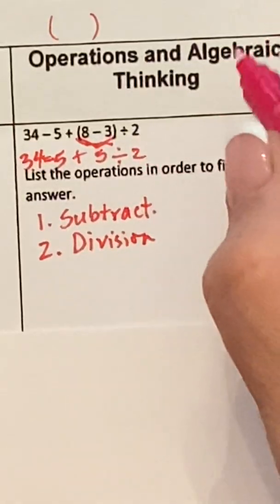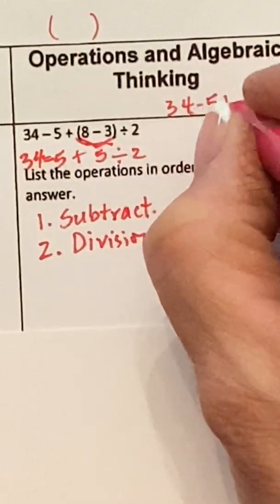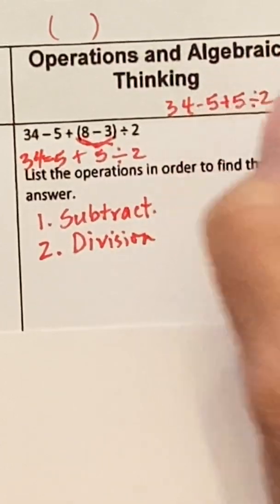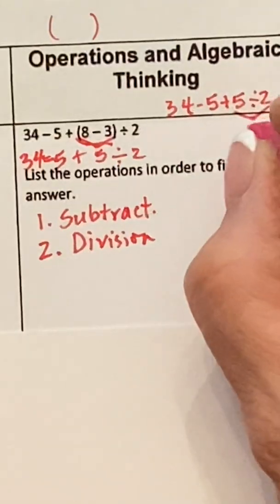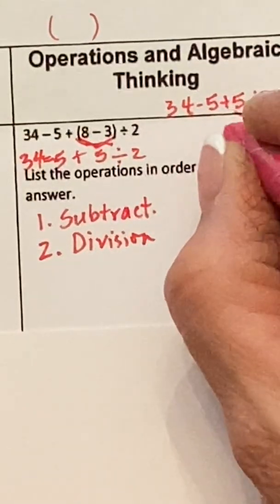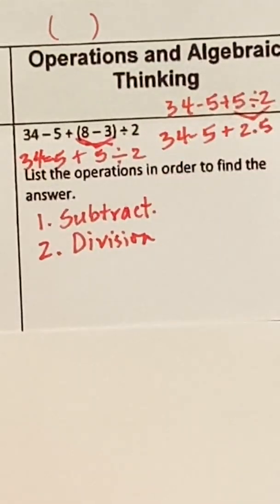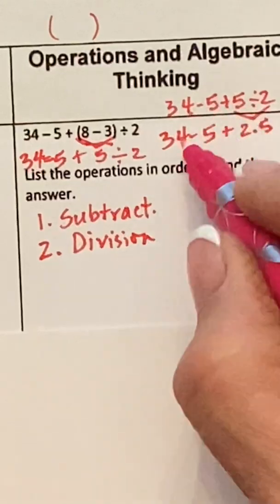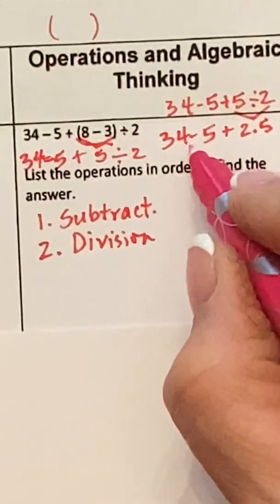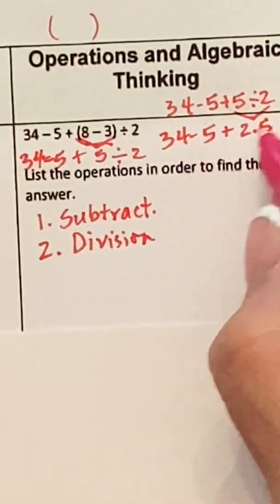Let's rewrite this right here so we'll have room to work it out a little bit. So if I do 5 divided by 2, that's 2.5, right? So I'm just going to put 2.5. And they didn't ask you to find the answer, they just wanted to know what operations you're doing next. Okay, so now we don't have any more parentheses, multiplying, dividing, any of that.